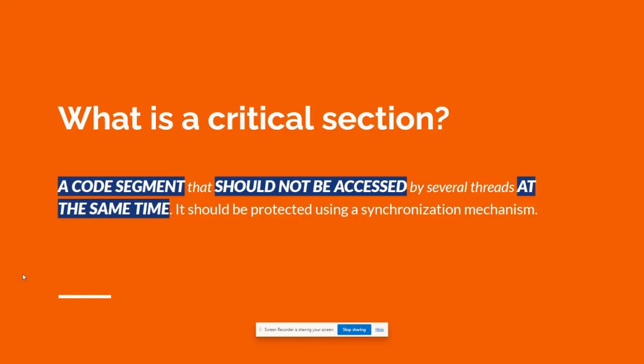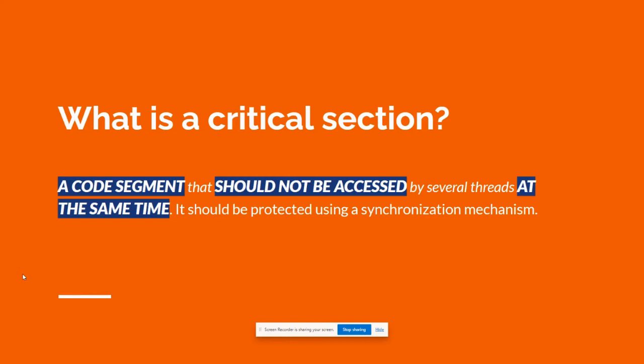So again, going back to the definition of a critical section, it is the code segment that should not be accessed by several threads at the same time. As I explained, in the case of the banking account, this code segment would be the code segment in the main thread that allows us to write the bank account balance to persistent memory.